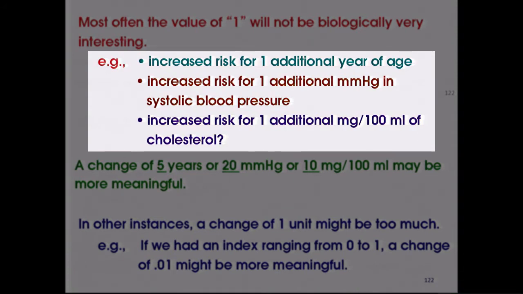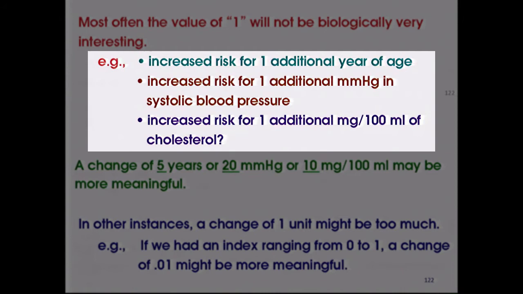Or would we be interested in the additional risk or odds of 1 additional millimeter of mercury for systolic blood pressure? Probably not, because you can't even measure blood pressure that precisely. So just taking 1 millimeter of mercury makes very little sense.